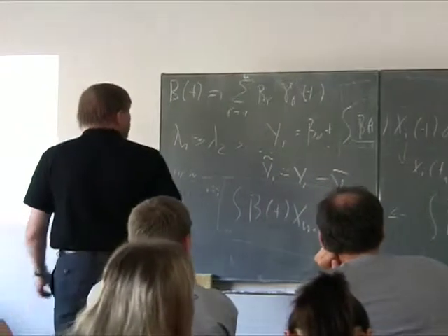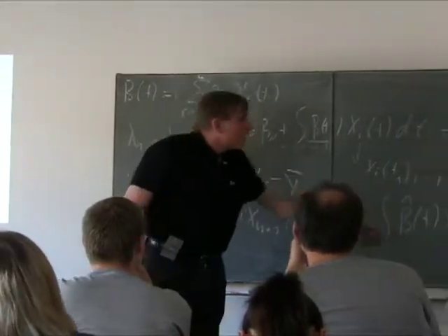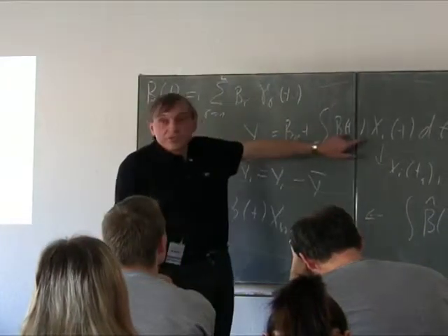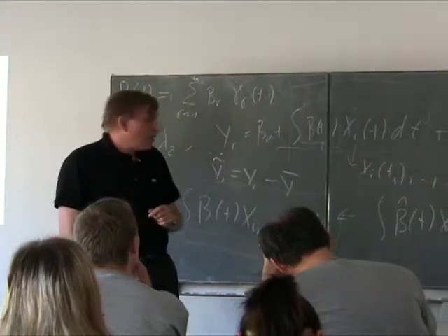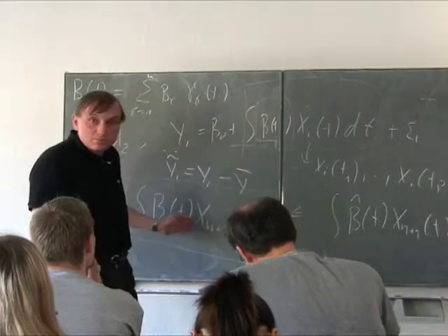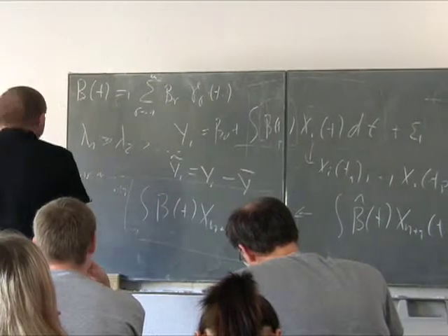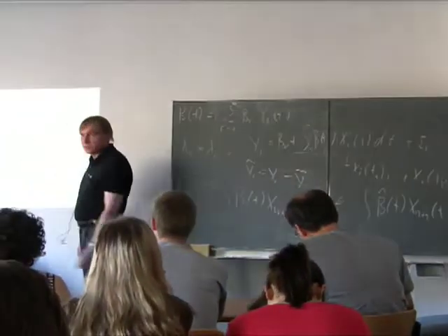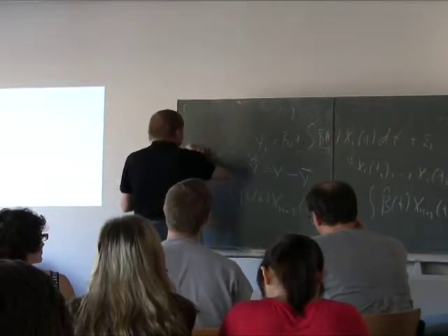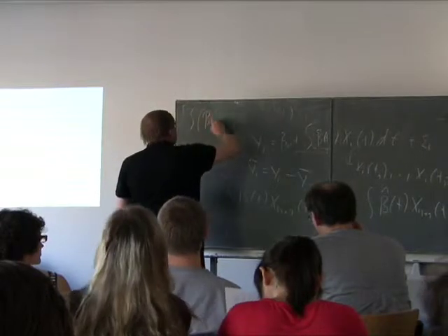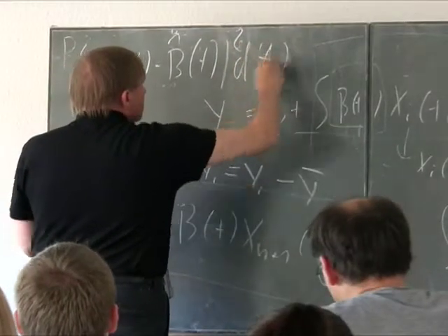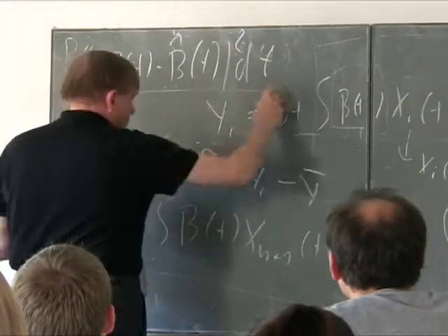Now, of course, one can also reasonably pose the question, in many regressions either you're interested in prediction, or you're interested in modeling and you want to know something about the structure of beta. So what if I compare beta directly, for example the L2 distance between beta hat and beta, the integral of beta of t minus beta hat of t, squared, dt.